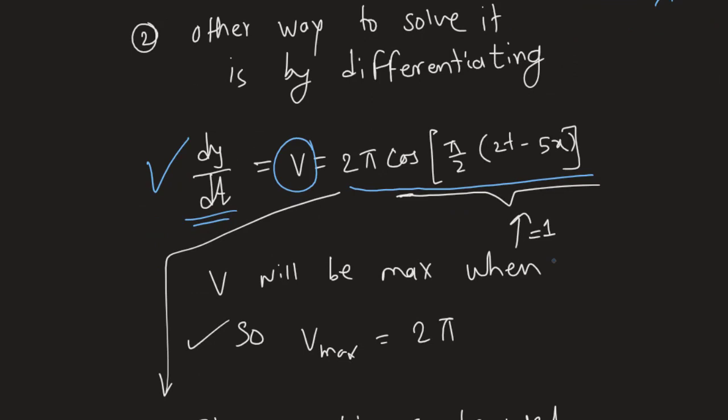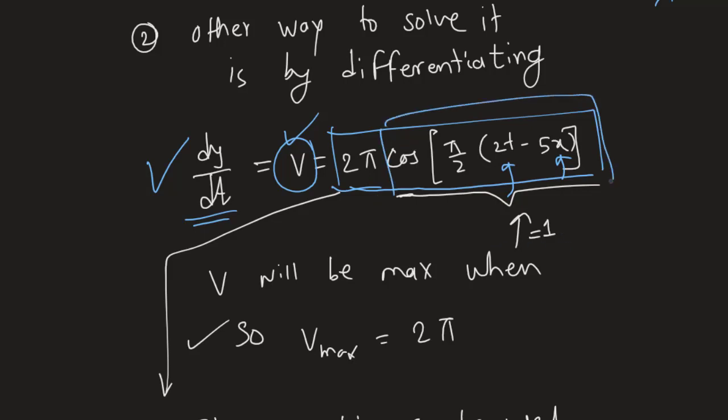Once we differentiate that, this is the velocity. So you can put in the values of the time and x, and you will get the value of the velocity. And let us say you want to find the max velocity. Max velocity will be when this particular component is maximum, because that is the only component that is changing.